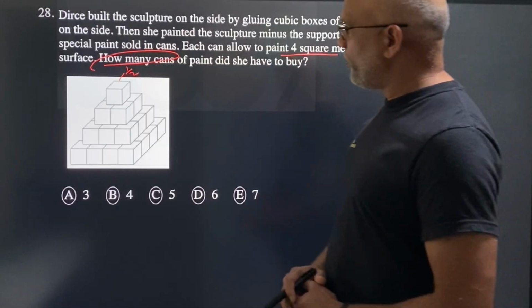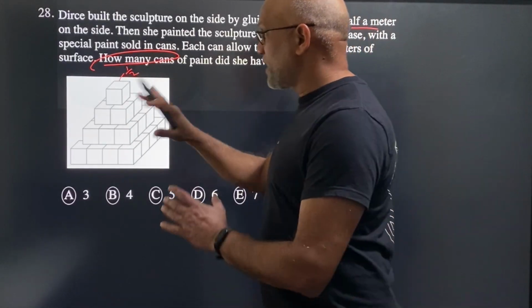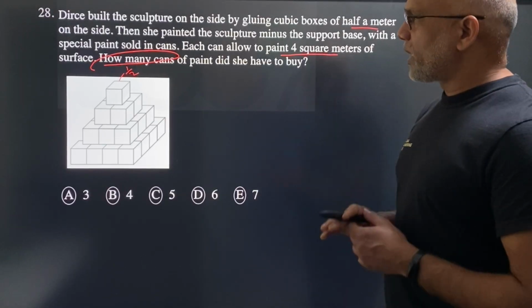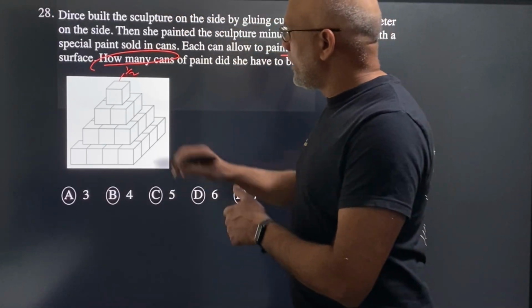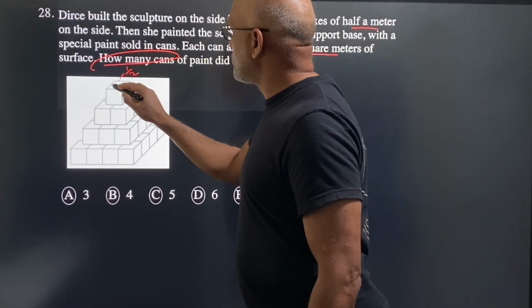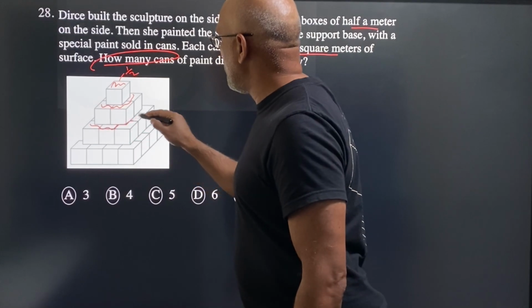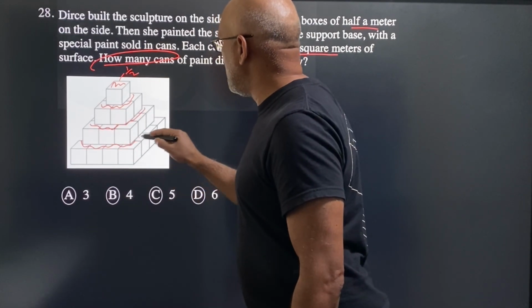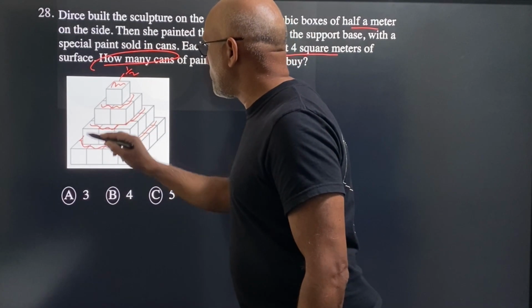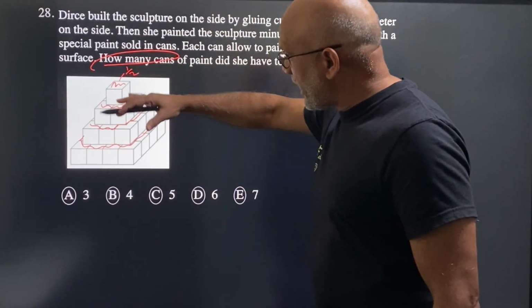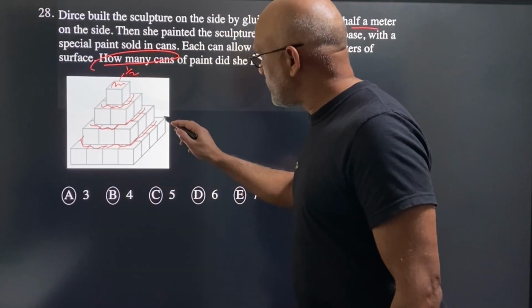So basically we need to find the exposed surface area. Now, here is the trick. If I look from the top, if I take the top surface of this, all this top surface, all this top surface, all this top surface, so this should be extending like that. All those top surfaces, if I add them together, will be this times this.